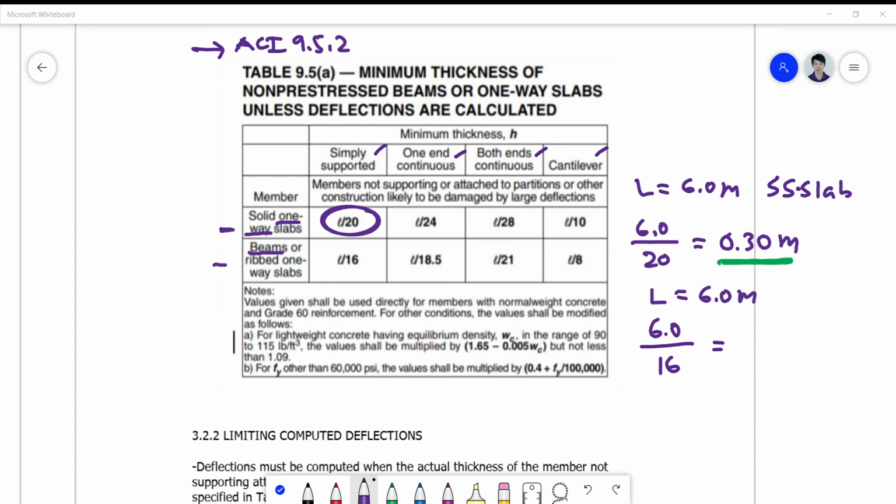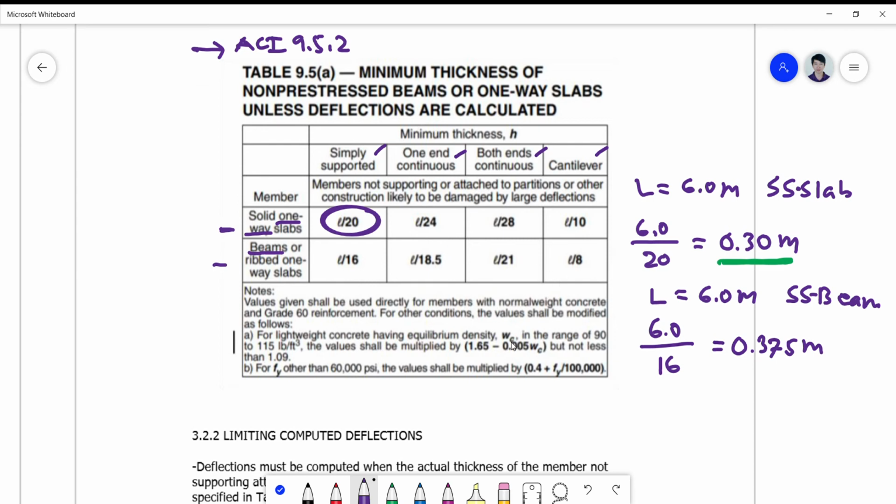So we can make use of a calculator to check for the minimum. So this is 6 divided by 16, and we get 0.375 meters. And this is for your simply supported beam. If it's one-end continuous, you use this for slabs, you use this for beams, etc.